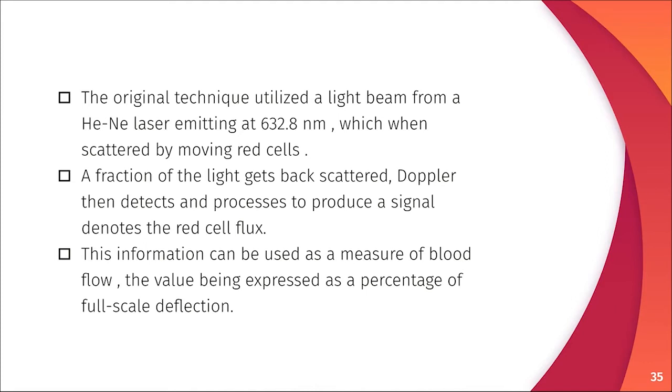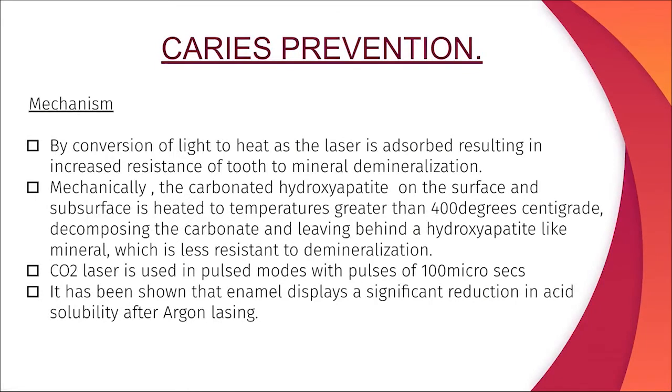They get scattered and a fraction of light gets back scattered, and the Doppler detects it and processes it to produce a signal which denotes the red cell flux. This information can be used as a measure of blood flow, the value being expressed as a percentage of full-scale deflection.